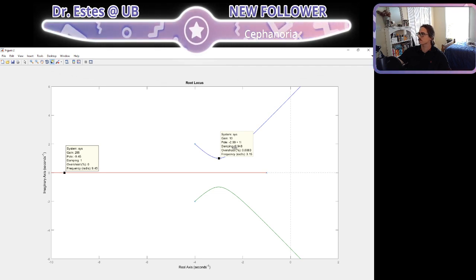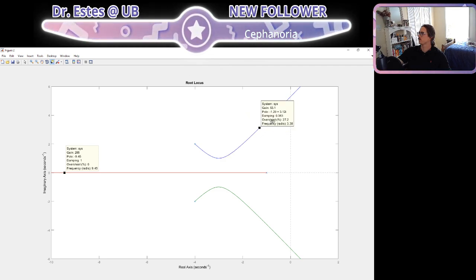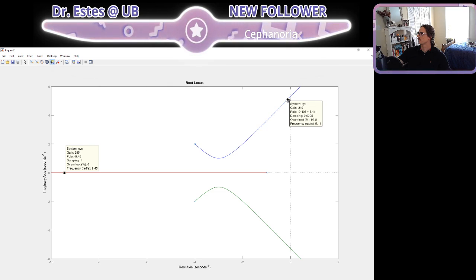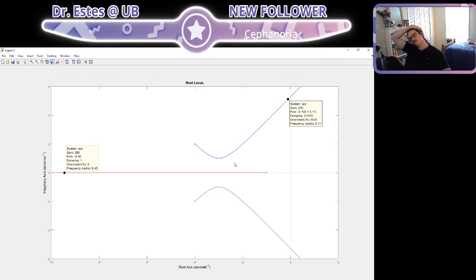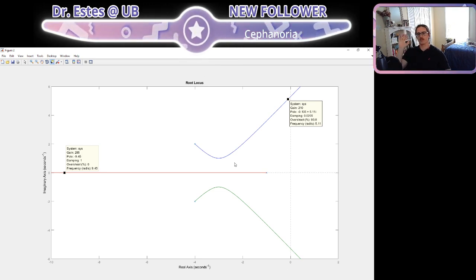But take this blue root: the closer I get to the imaginary axis, the real part of my root is very small. It's getting closer to 0, and it's getting slower and slower. The time constant's getting larger. So a root that has a more and more negative real part is a faster root.